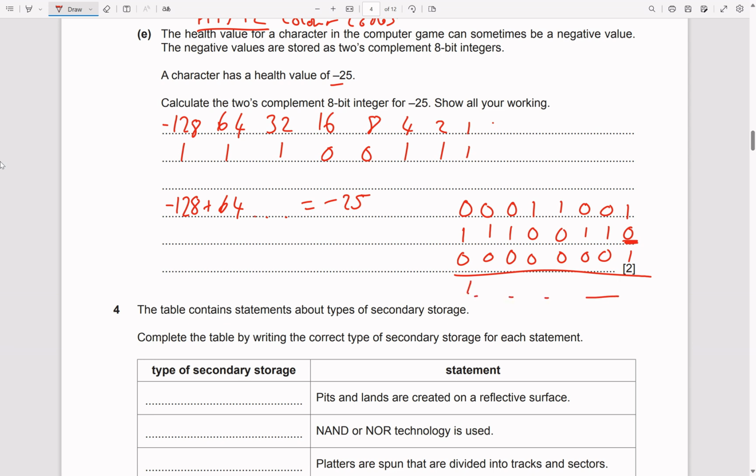Starting from right to left, 0 plus 1 is 1, 1 plus 0 is 1, 1 plus 0 is 1, 0 plus 0 is 0, 1 plus 0 is 1. So this should be our final answer, and we can check that this answer is the same as the other one.